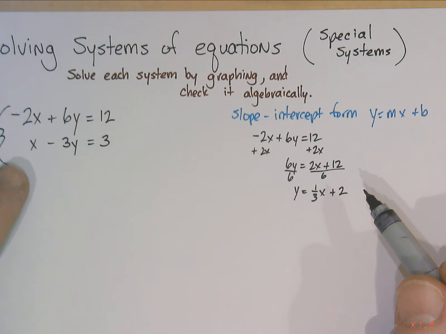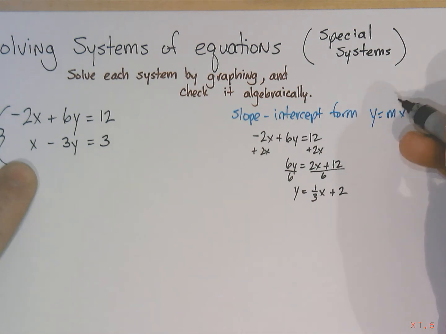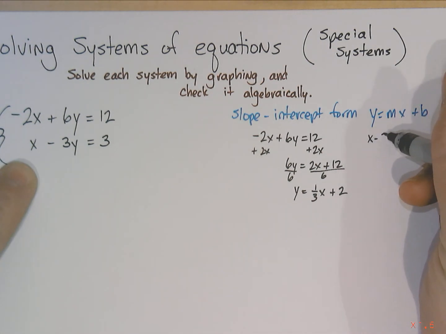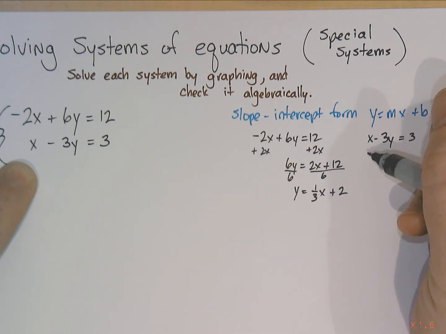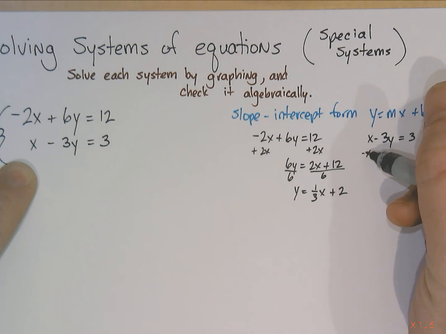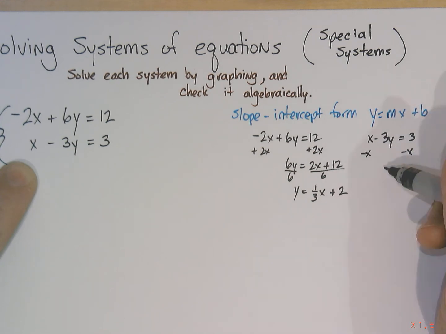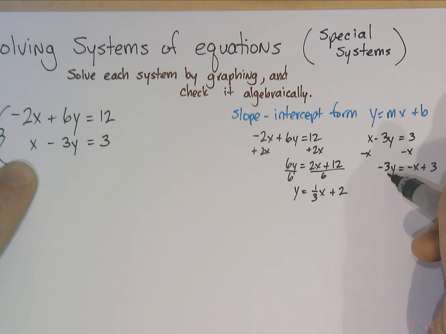All right, and this one here is x minus 3y equals 3. We're going to subtract x from both sides. So we've got negative 3y equals negative x plus 3. Then we're going to divide everything by negative 3.